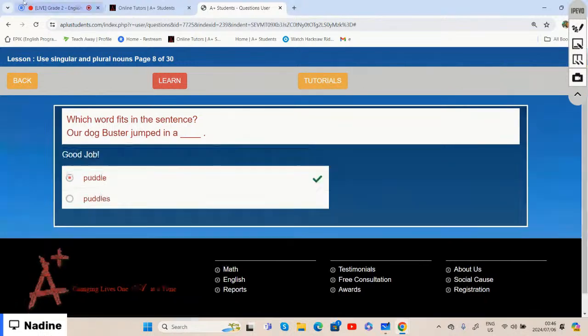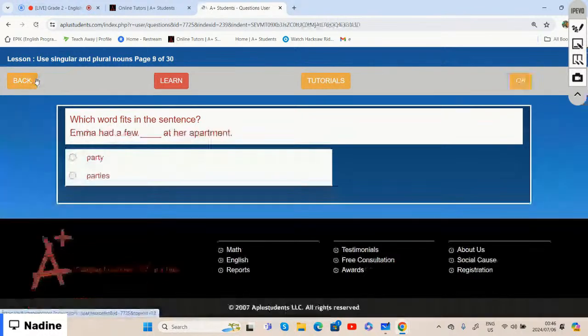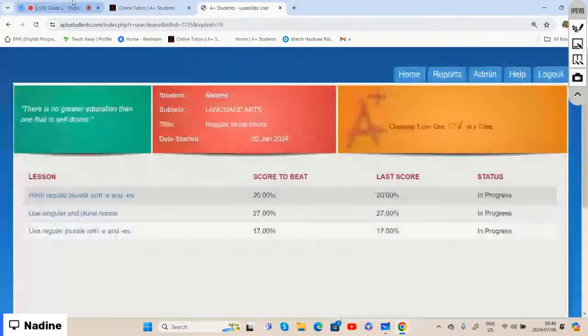Well done. All right, so that is now the end of our lesson on regular plural nouns. We said with our regular plural nouns, firstly, nouns name animals, places, a person, as well as things, right? Then we have regular plural nouns, and with regular plural nouns, we have singular nouns and plural nouns.